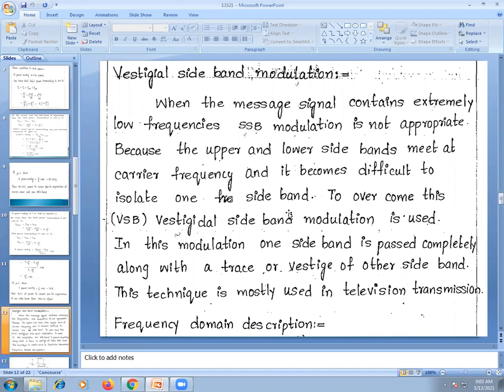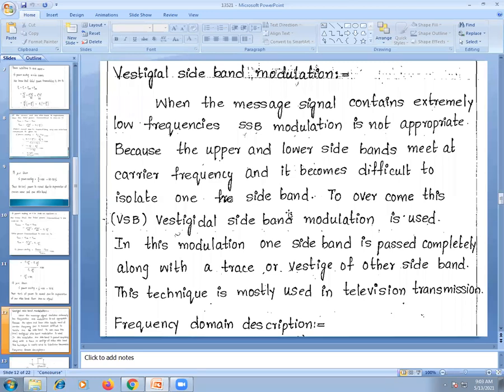It becomes difficult to isolate one sideband, which is not possible at very low frequency. To overcome this, go for VSB modulation, that is vestigial sideband modulation.